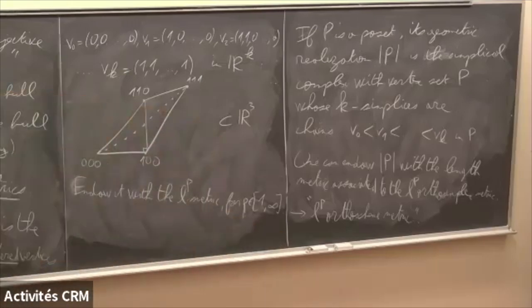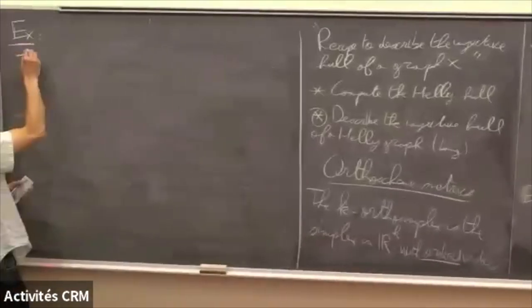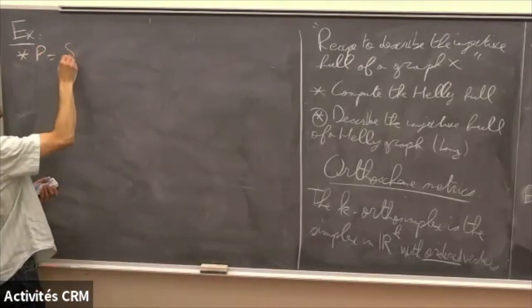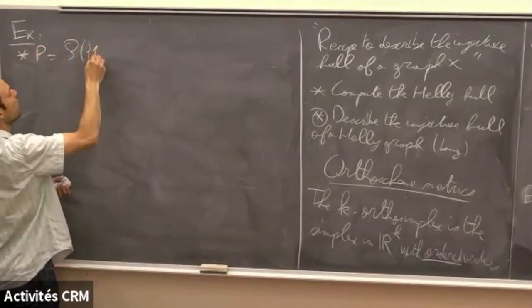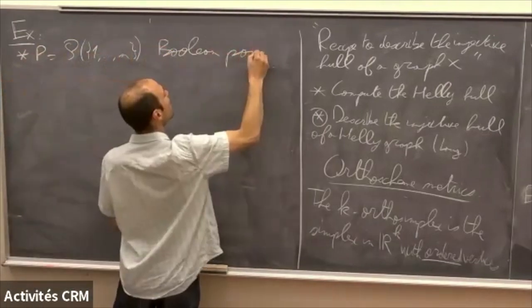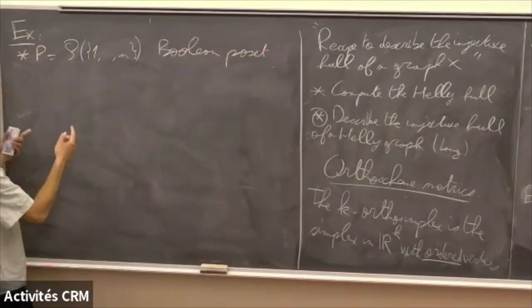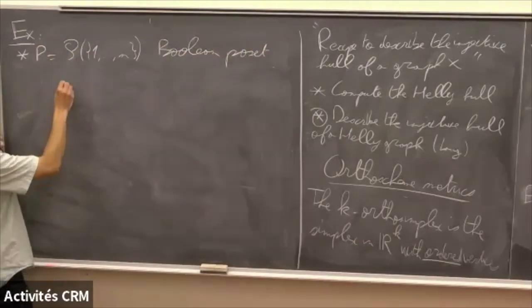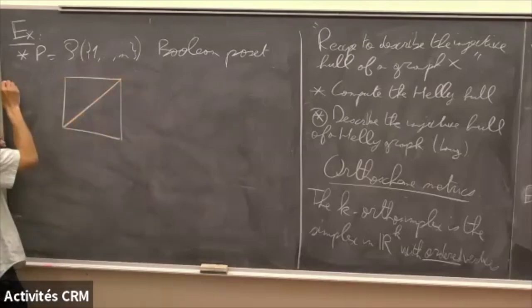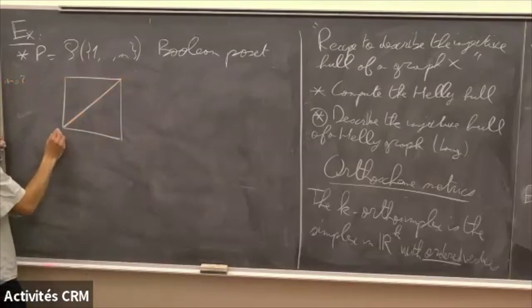So what happens if you take very simple posets? You start with P, which is the Boolean poset, which is the set of all subsets of a finite set. So if you draw what you have, for instance, for n equal to 2, here you get the empty set.